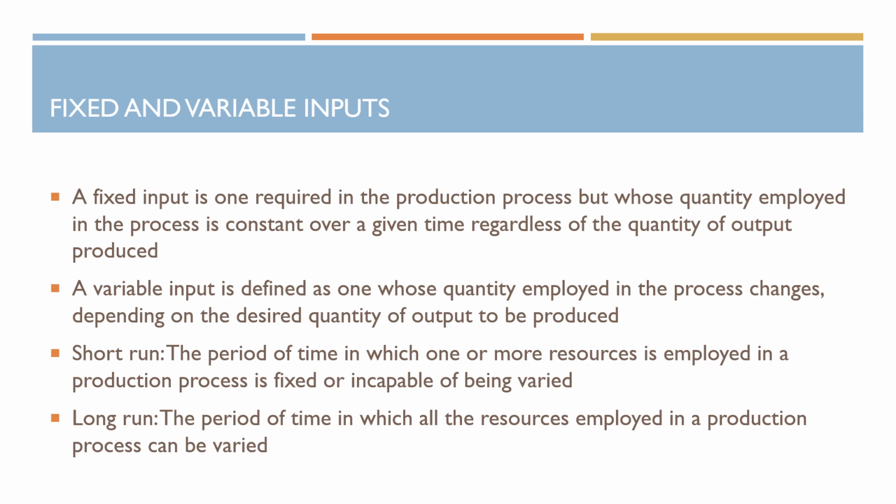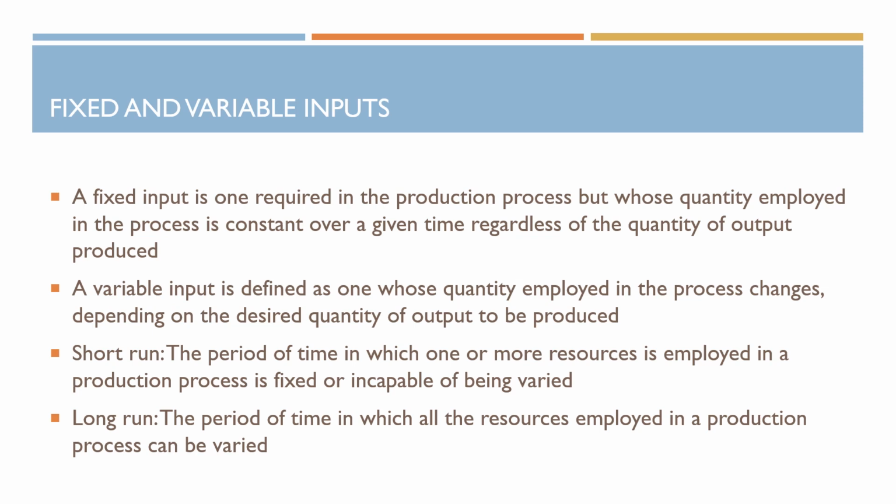Now, if we have an idea about fixed inputs and variable inputs in general, then we can talk about what we mean by short-run and long-run production. Generally speaking, when we talk about short-run production, we are referring to a production period where things cannot be easily changed.